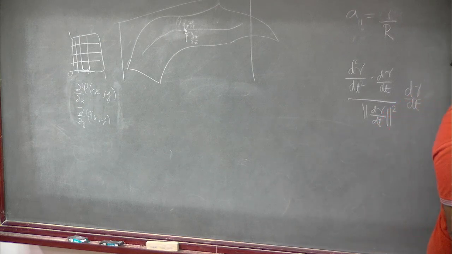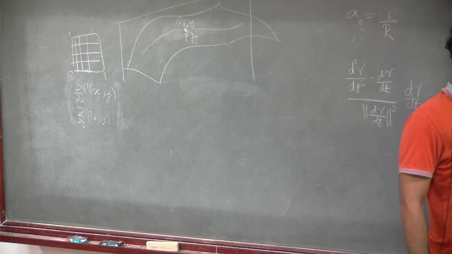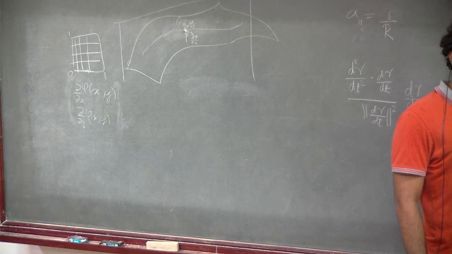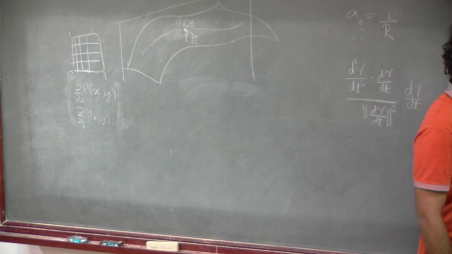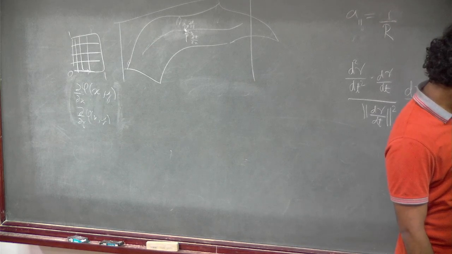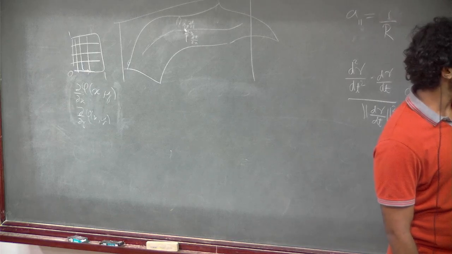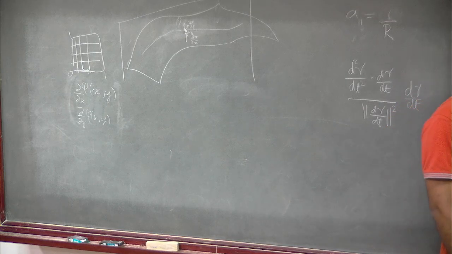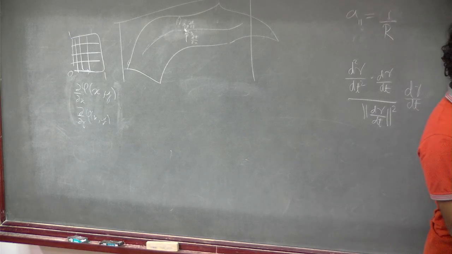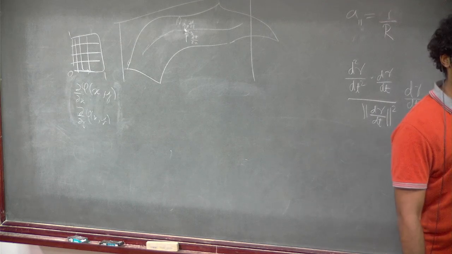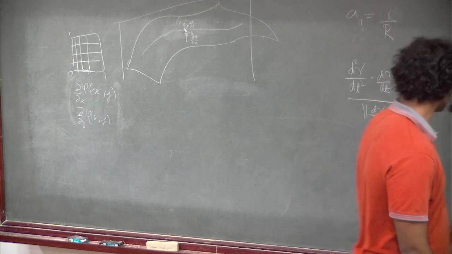You have this unit tangent here, you just rotate it by 90 degrees to get a unit normal to your curve. You're tracking how the direction of the tangent vector changes. It's the same thing as tracking how the direction of the unit normal vector changes. Both of these are related by just some fixed constant angle. So this is essentially the same thing.